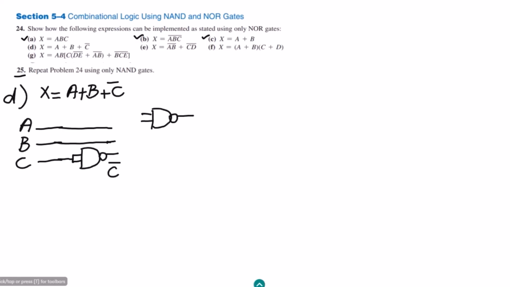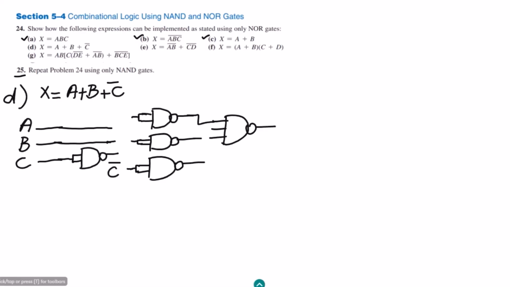This is the first NAND gate, this is the second NAND gate, and the third NAND gate is here. The three NAND gates are here, and we have to short the two inputs. These NAND gates are combined by a 3 input NAND gate here as well.